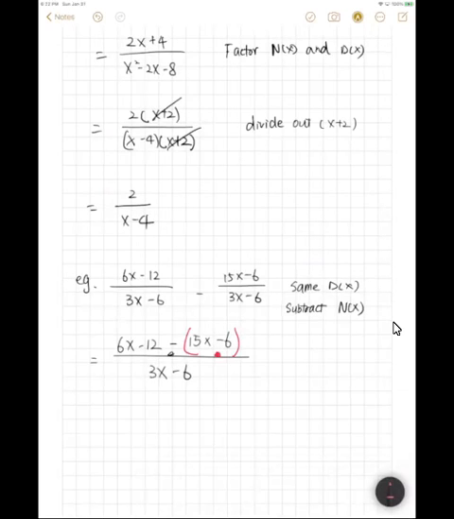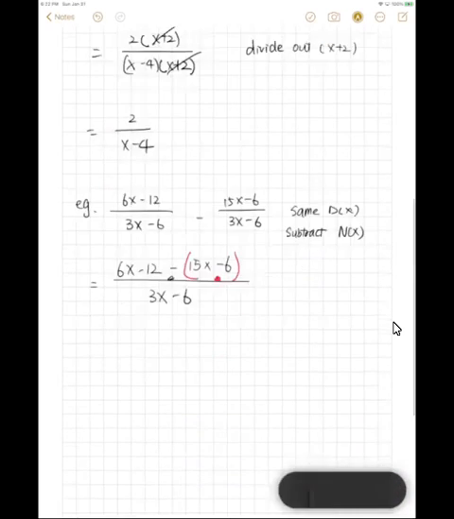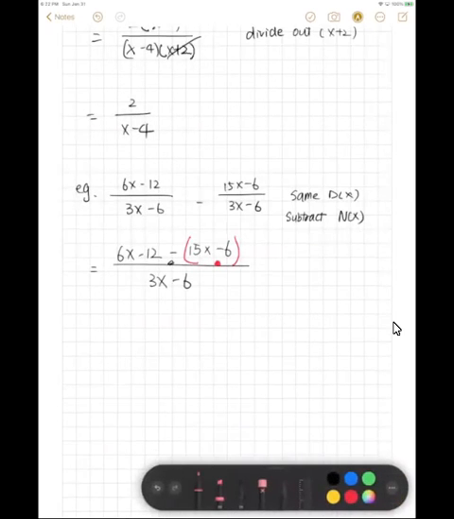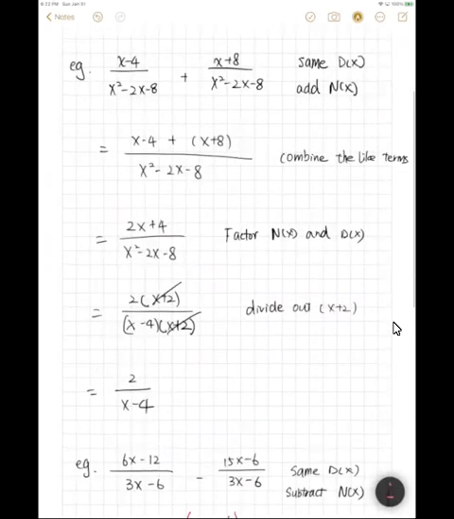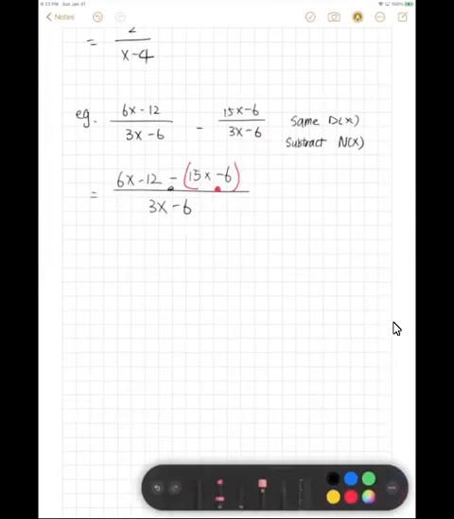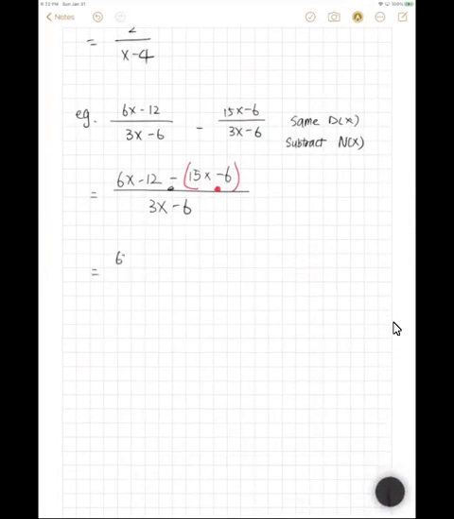If it's positive, it becomes negative. So always add parentheses, like what I did earlier. Even though it's an addition, I still put parentheses so that this becomes a habit to avoid making mistakes. Okay, so I have 6x minus 12 minus 15x plus 6 over 3x minus 6.